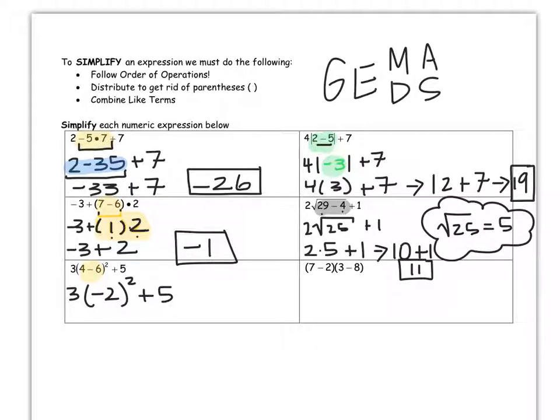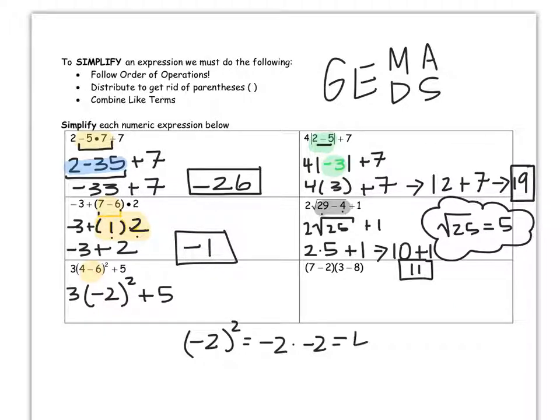Alright, so now is a good example of an exponent. We haven't got to one of these yet. That means I have to do this exponent first. Ignore the 3. I have to deal with what is negative 2 squared. And I'm going to do another little thought bubble over here. Negative 2 squared just means negative 2 times negative 2.